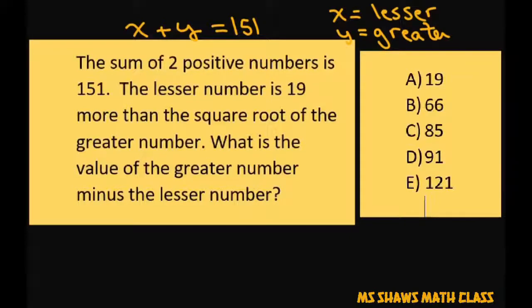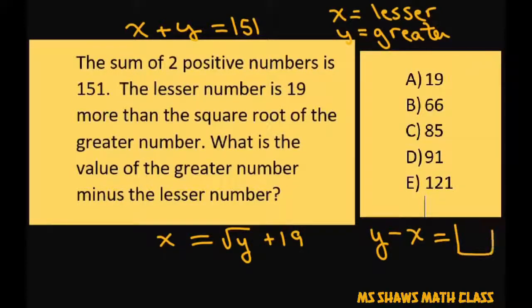So it says the lesser number, so x, that means equals 19 more, and I always put that at the end, 19 more than the square root of the greater number. What is the value of the greater number, y, minus the lesser number? So that's what we're trying to find, whatever goes in that box there.